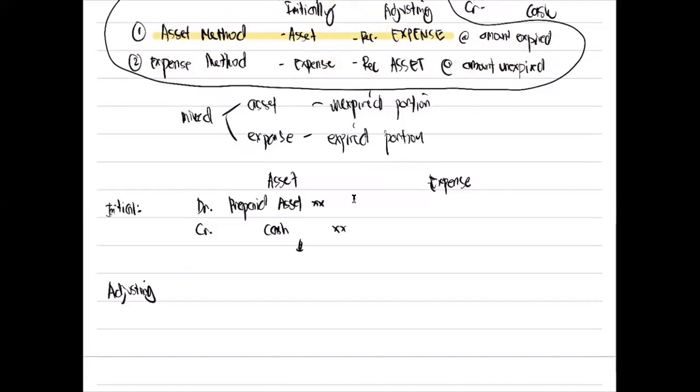So in your adjusting, we should record an expense. So we debit expense, and we remove the amount in your prepaid asset at amount expired. So the expired amount. Okay. So this one is the expired amount.